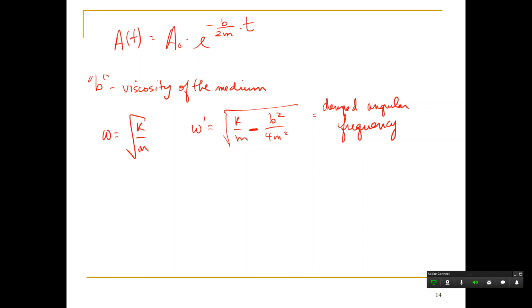And now finally we can write down the full wave equation. So now we can say that your wave with respect to time is equal to its amplitude. And now amplitude changes, right? So we can't just write amplitude, we have to write the function of the amplitude times cosine of the damped angular frequency times time. And you can add in a phase angle in there too.